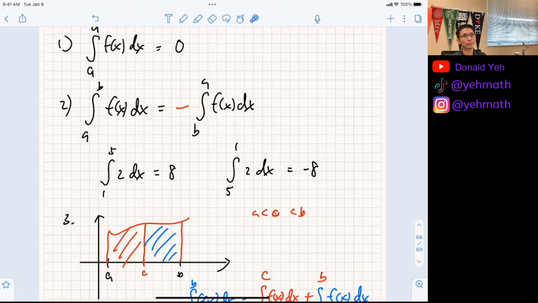You can graph it, but it's just the orientation: you calculate from the bigger value to the smaller value. If it's positive areas, you actually end up with negative.